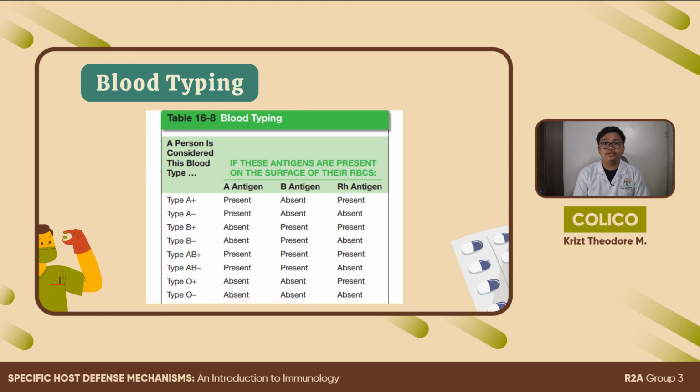3 reagents are used for the ABO and Rh typing antigen. Anti-A antiserum, or a serum containing antibodies against A antigen. Anti-B antiserum, or a serum containing antibodies against B antigen. Anti-Rh antiserum, or a serum containing antibodies against Rh antigen D. Example number 1.